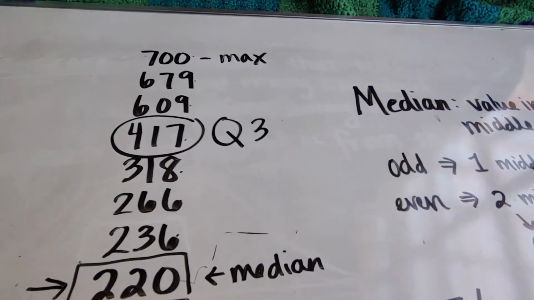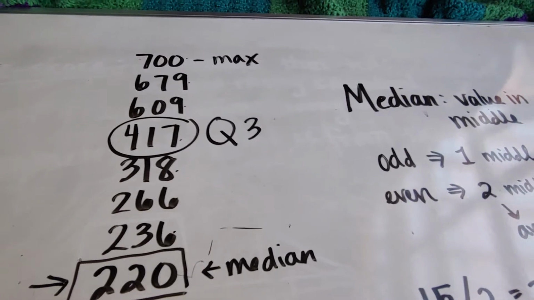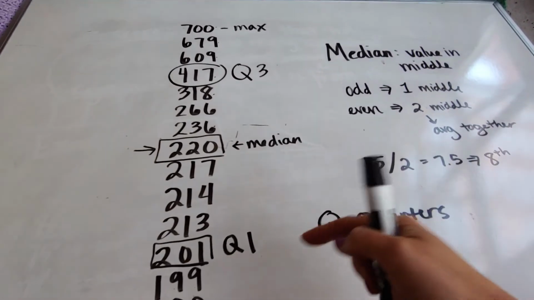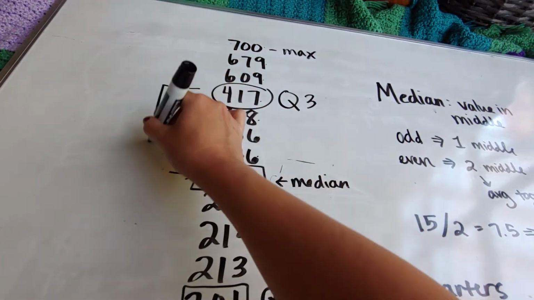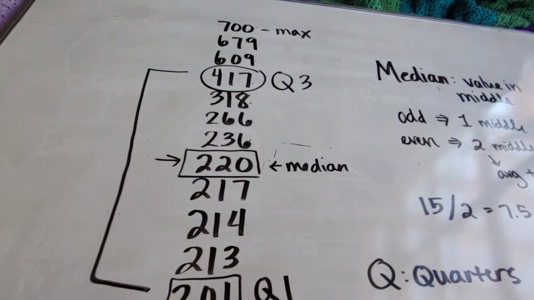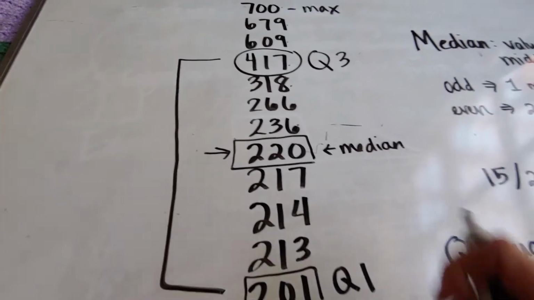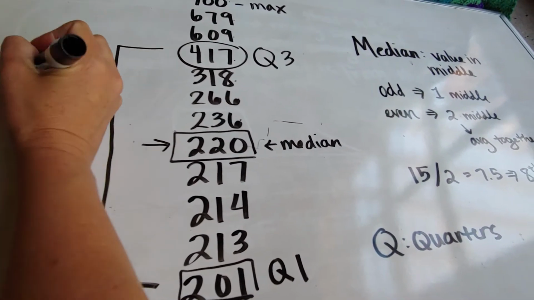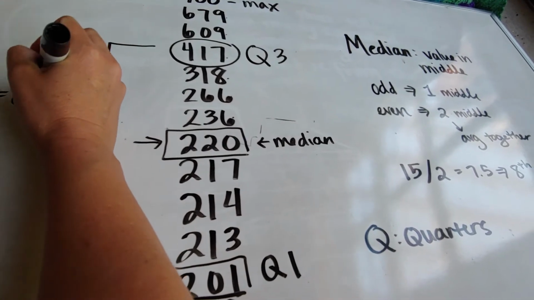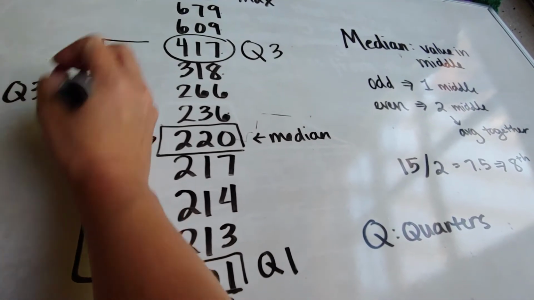All right, here's how it works. Okay, so we have found the Q1 and the Q3. So how we measure variation when we're talking about skewed data is not with standard deviation. We do it with what's called the IQR. IQR is looking at the number spread between Q3 and Q1.